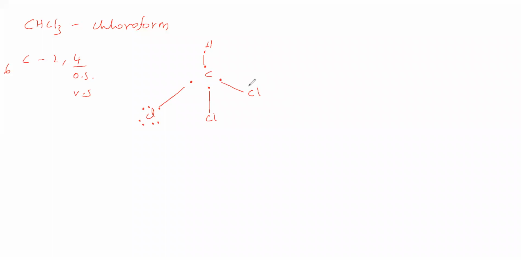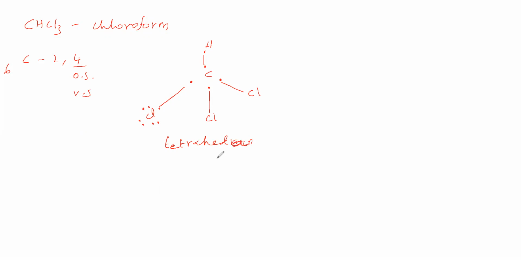In this chloroform, what is the shape? CHCl3 has surrounding atoms 1 hydrogen and 3 chlorine atoms. This shape is similar to methane. Therefore here also we can say tetrahedron is the shape.